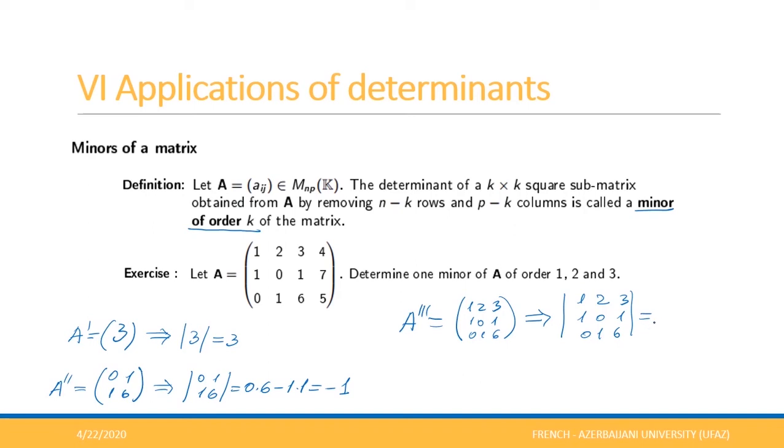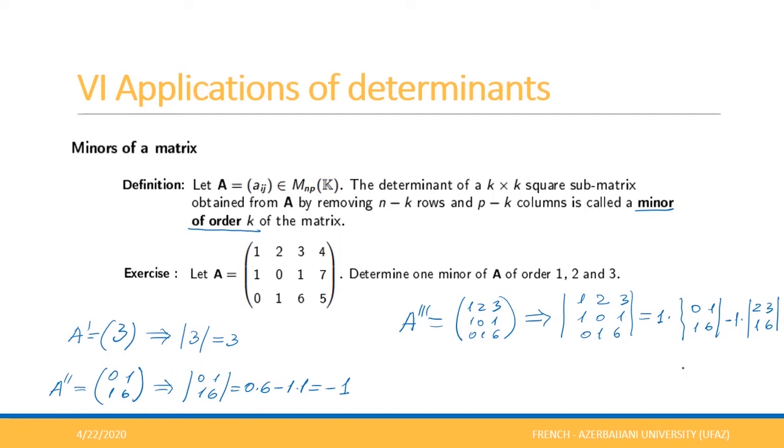It will be this. 1 times the determinant of 0, 1, 1, 6, minus 1 times the determinant of 2, 3, 1, 6. And here we have plus 0 times this minor.